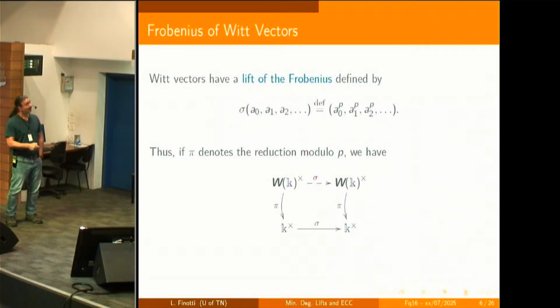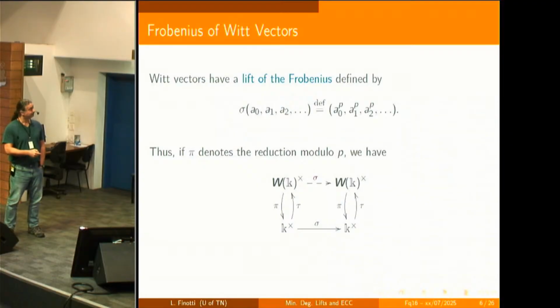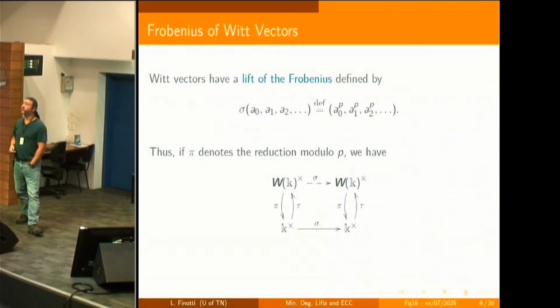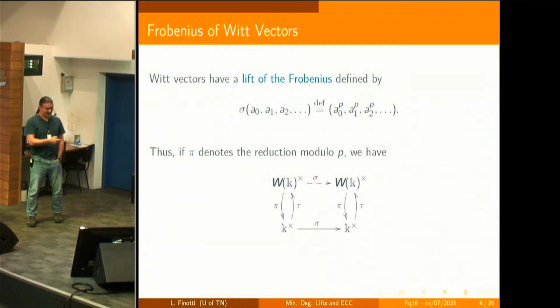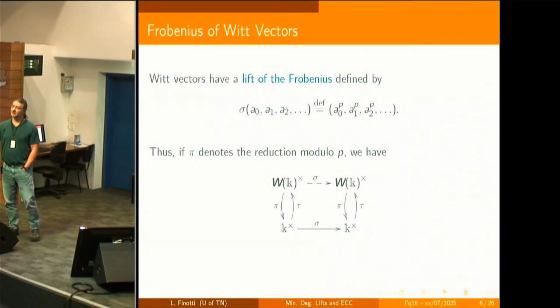So we have this mapping here, which is a lifting of the Frobenius. And not only that, the Teichmüller lift gives you a section in here, which also makes this diagram commute. Again, in the bottom here, we're in characteristic p. On the top, we're in characteristic 0, and we have this lifting of the Frobenius.